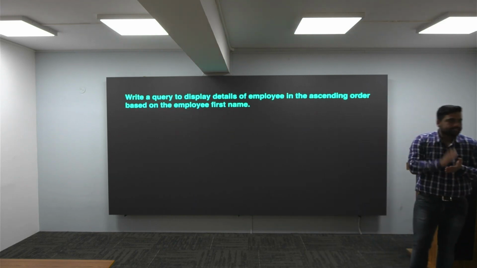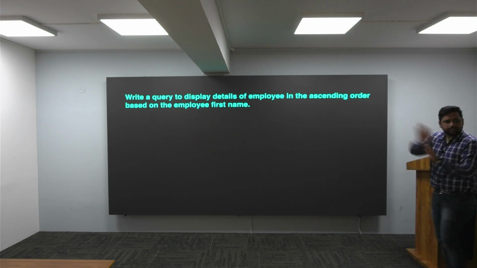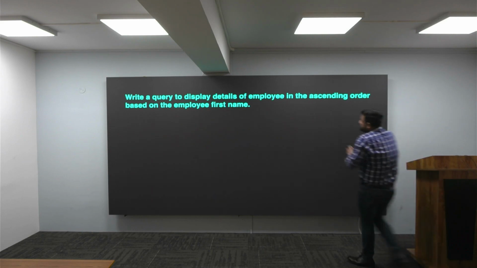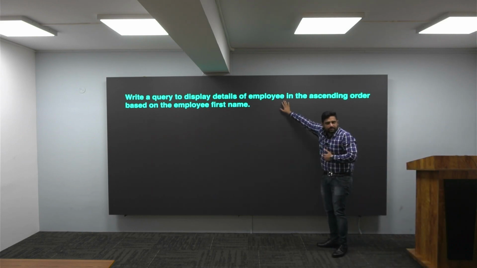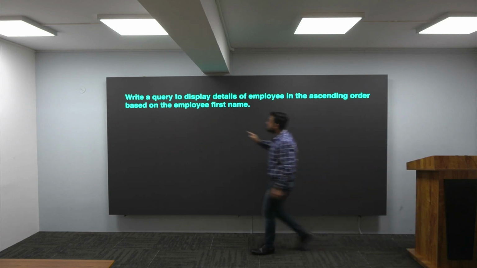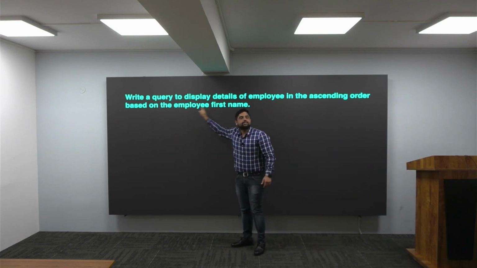What this scenario is asking about: write a query. We have to write a query to display the details of employee in the ascending order based on the employee first name.